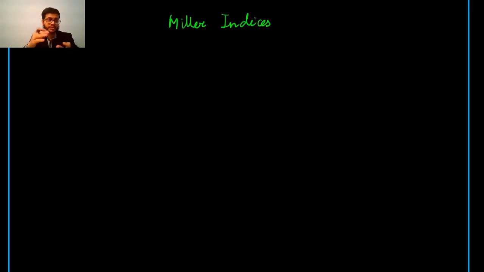Miller indices are something we use to characterize or label the Bragg plane, the plane that we draw during the Bragg's law confirmation.